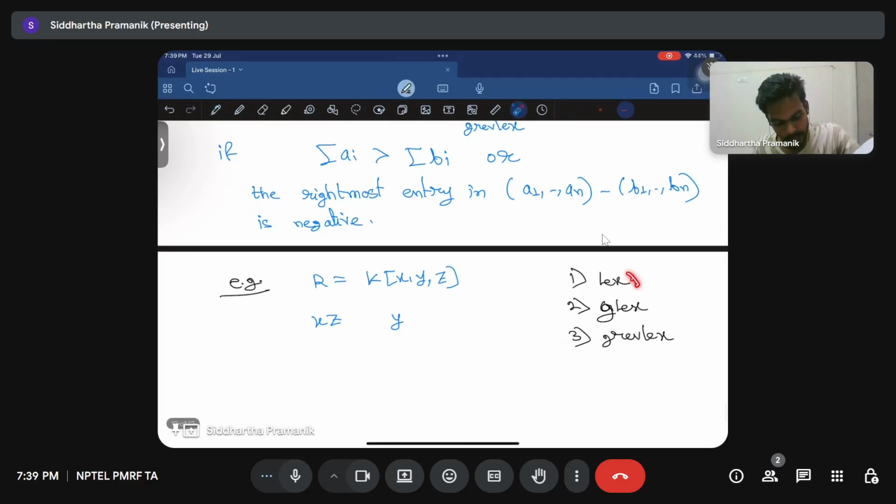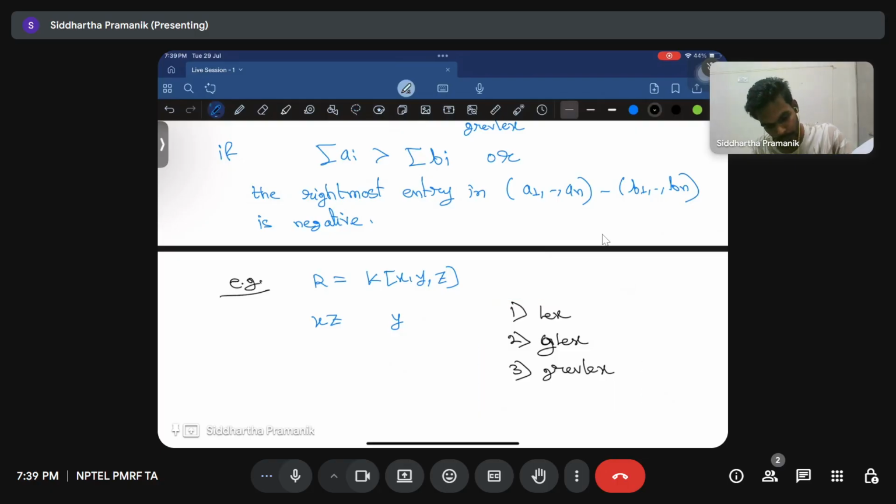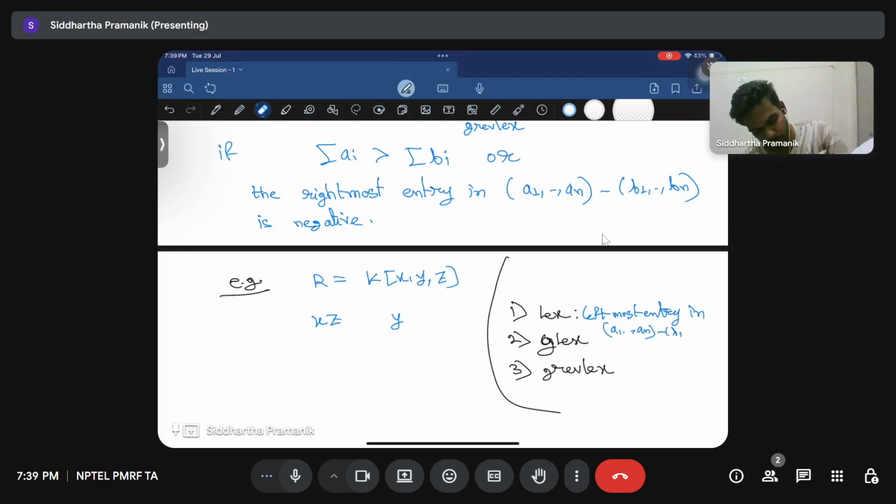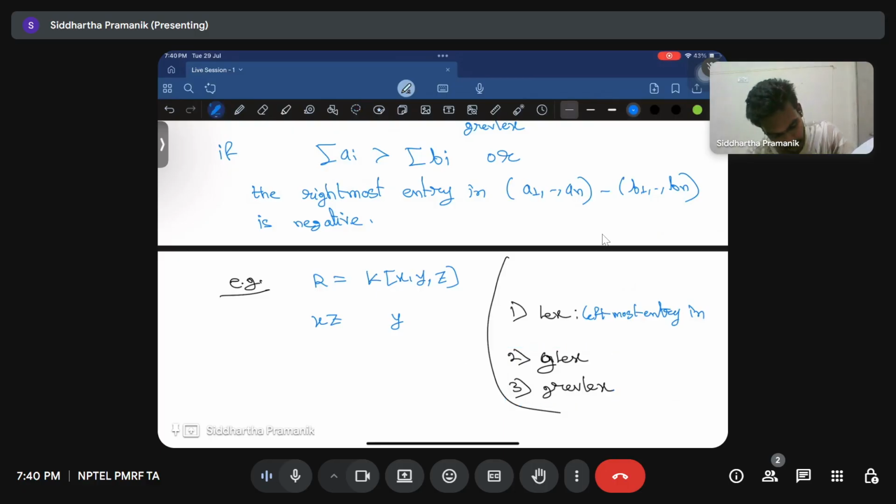What lex is saying is that the leftmost entry in the difference vector a1, ..., an minus b must be positive.